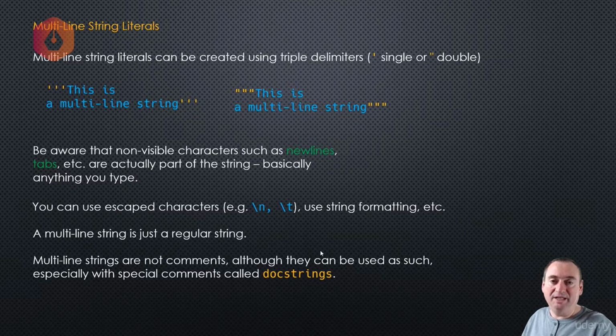That's perfectly fine. And you can use that for doc strings, for documentation. But these are not comments. They're not the same thing. When Python compiles your code, those strings will be part of your code. They'll be compiled and put into your compiled bytecode. However, comments are tossed out. So they're different things.